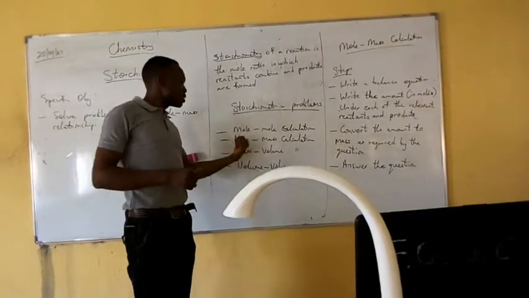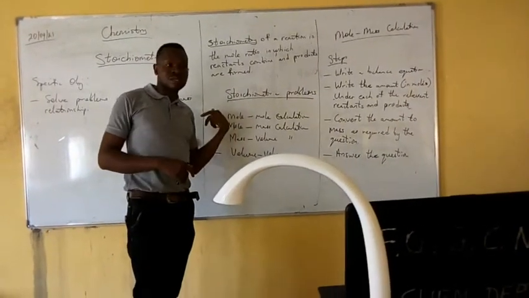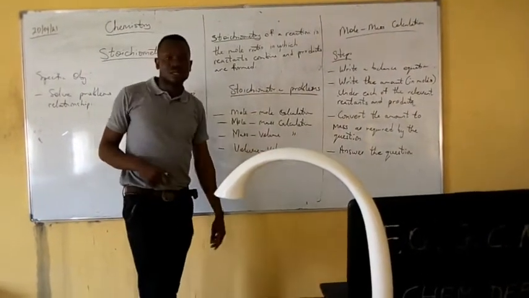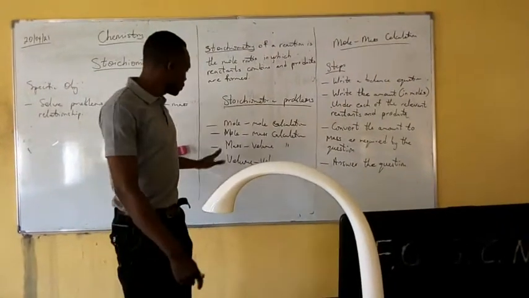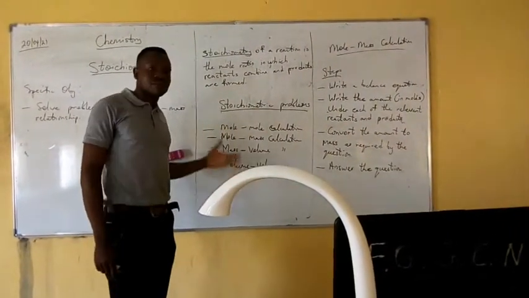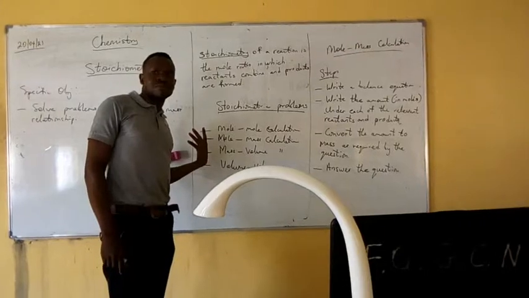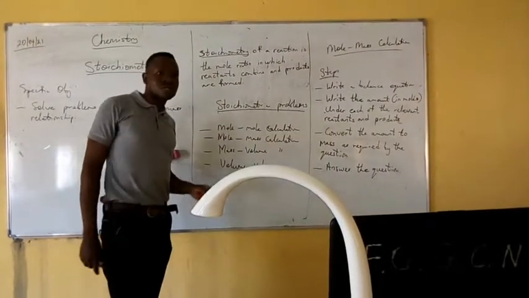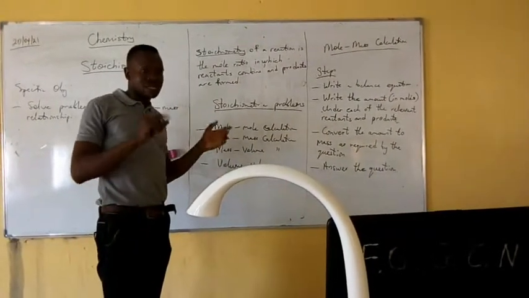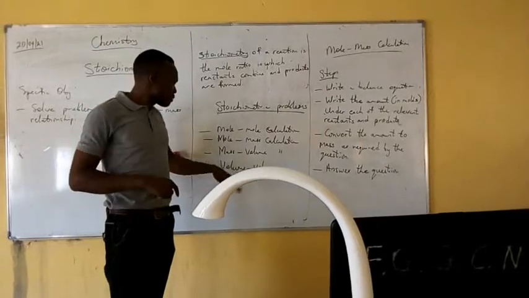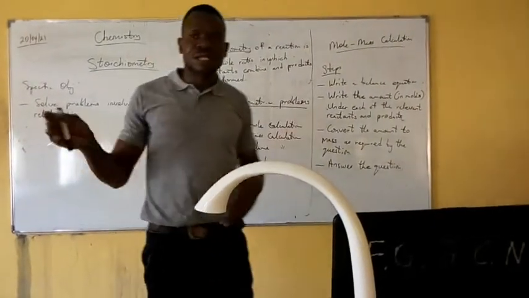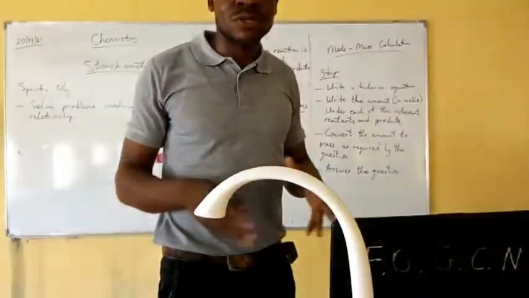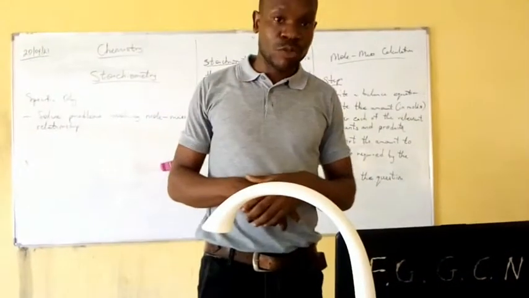That is to say, the reactant can be in mass while the product can be in moles. Mass-volume relationship: the reactant might be measured in mass while the product is measured in volume, or vice versa. Volume: the reactant and the product are both measured in volume.